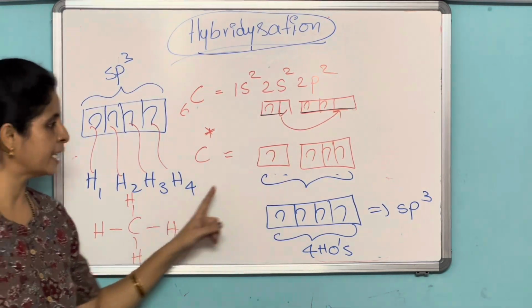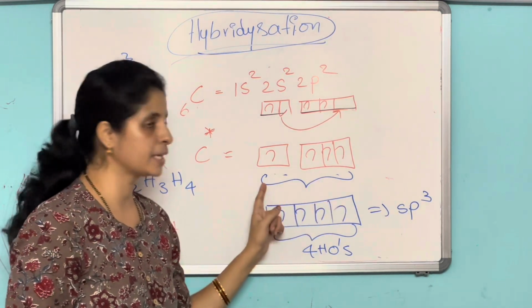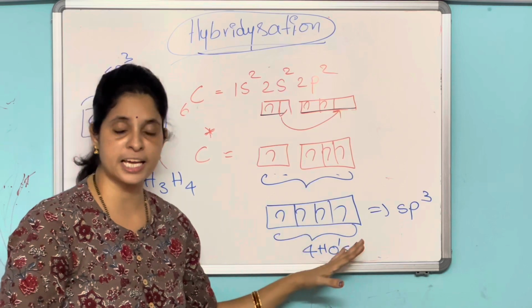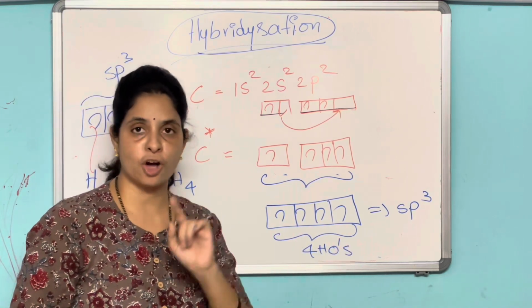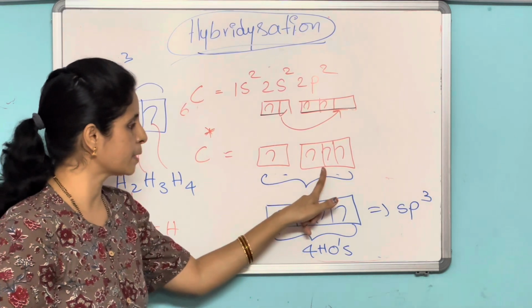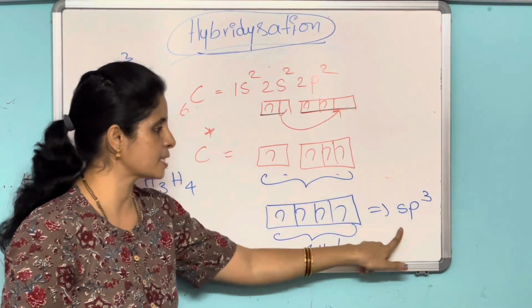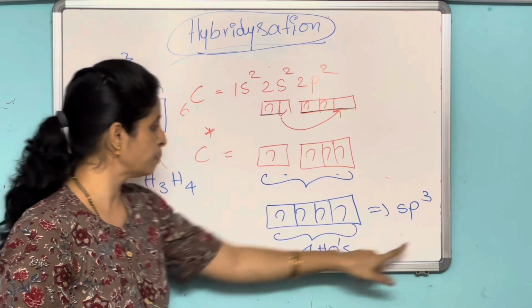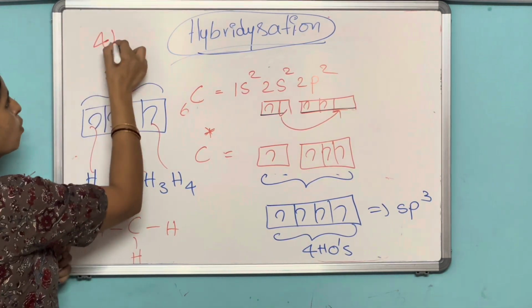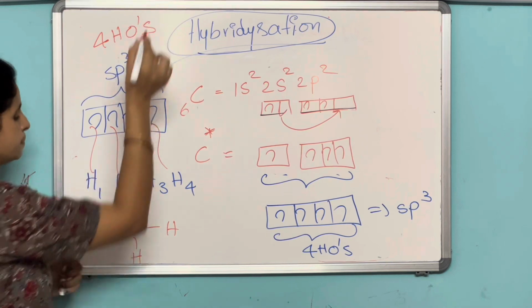Okay. So intermixing of atomic orbitals of the same or approximately the same energy results in the formation of new hybrid orbitals. Here one s orbital and 3 p orbitals are combining. Here the percentage of p character is more. Resulting in the formation of how many hybrid orbitals? 4 hybrid orbitals.